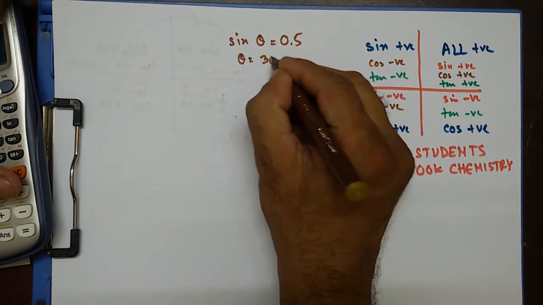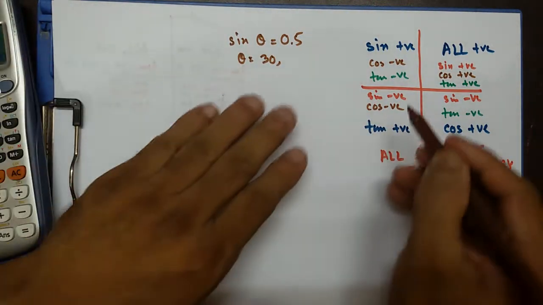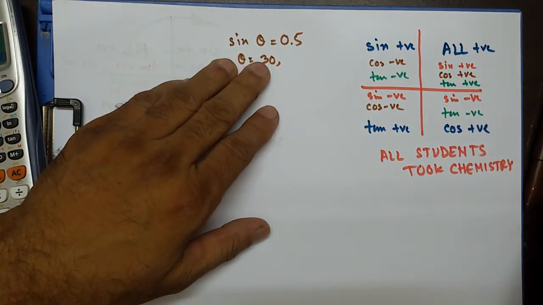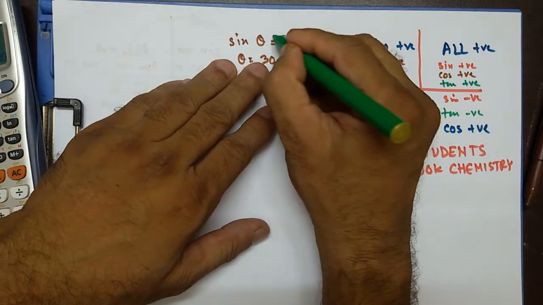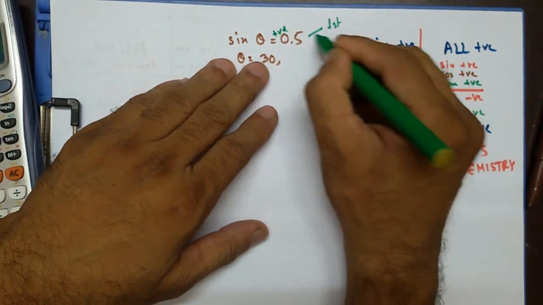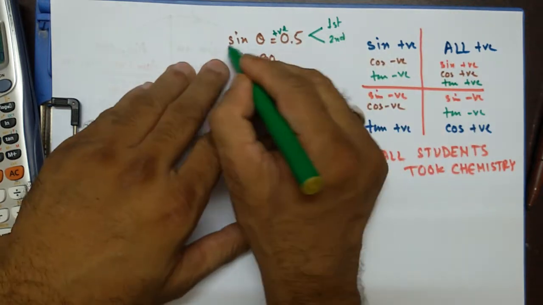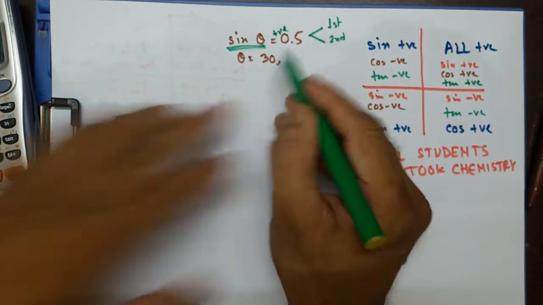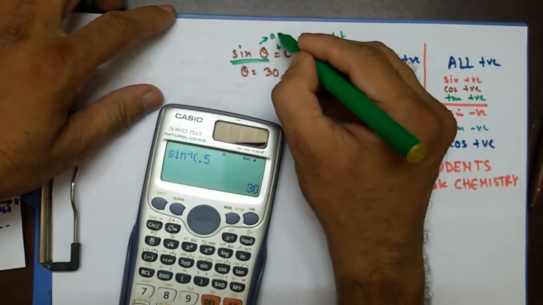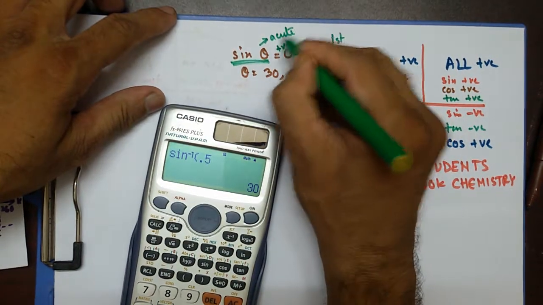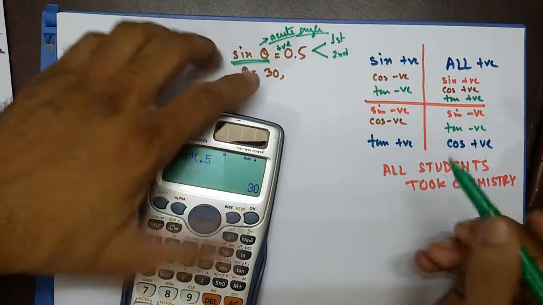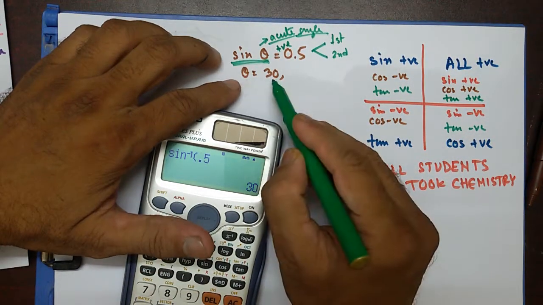Another one, I'm going to say that sine is positive. This value is positive, and a positive value is in the first and second quadrants for sine theta. So I already calculated, since this is acute, most of the time it's going to give me an acute angle. Now since the calculated value is an acute angle, I got 30 degrees.